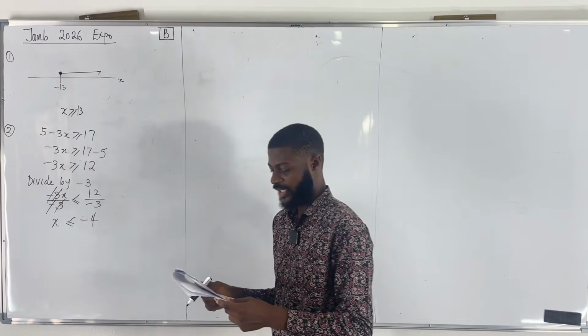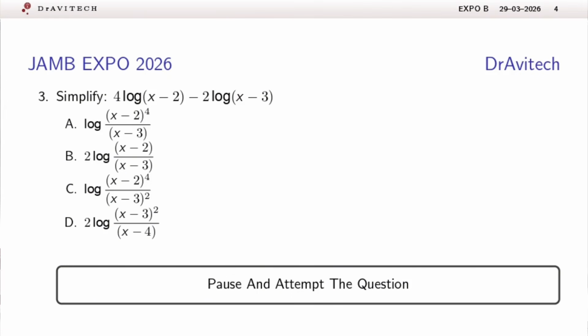The next question says, simplify 4 log (x minus 2) minus 2 log (x minus 3). Now if you look at that question, the options have a single log. So what it means is we need to make this a single log.